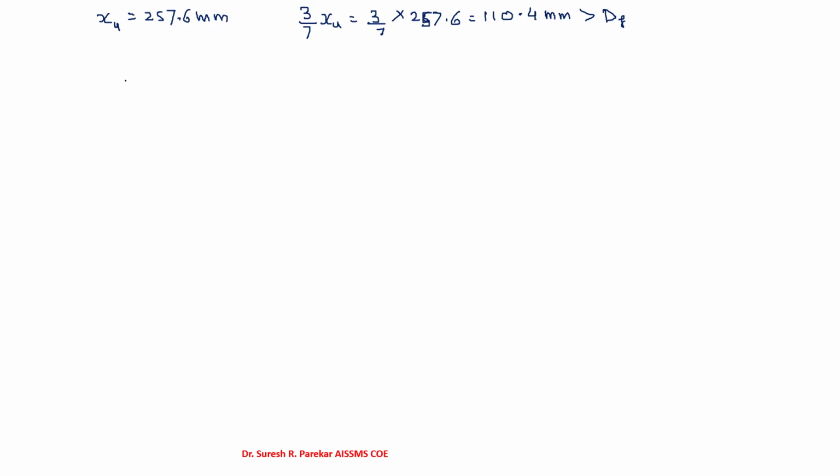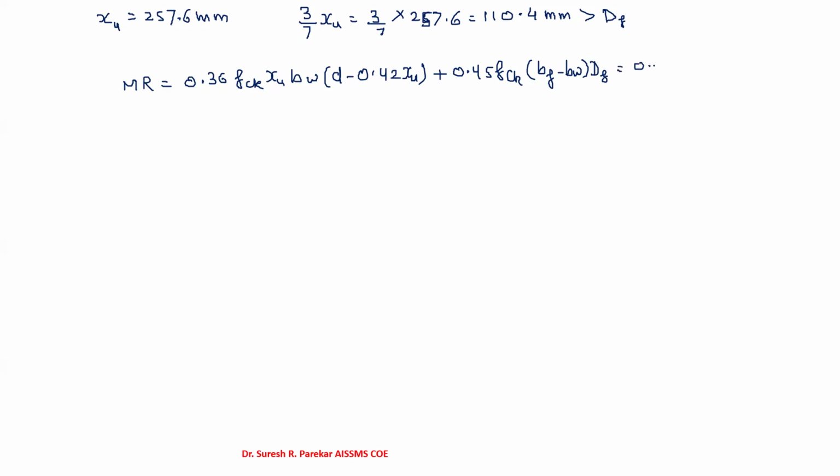And therefore, we will get MR, this is equal to 0.36 FCK XU BW, this is rectangular portion, into D minus 0.42 XU plus 0.45 FCK stress area BF minus BW into DF, equal to 0.87 FYAST.